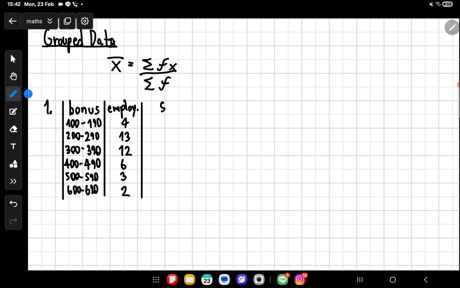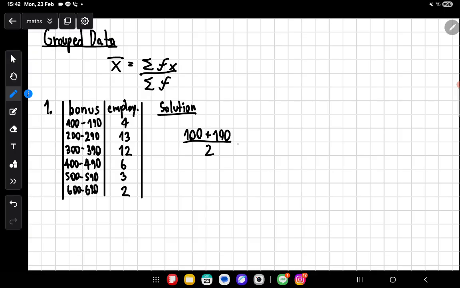So the solution to this, we will be using this formula. Now I have to inform you even more that x being the midpoint of each class is sort of a median of the class width. So imagine 100 plus 190.